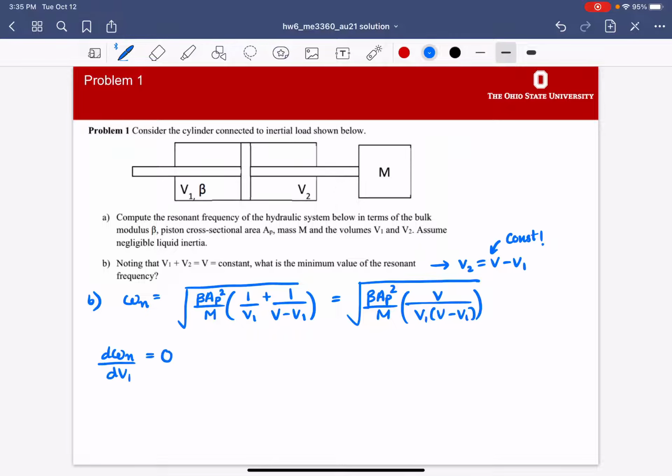We want to set this to 0. The expression that we would want to set to 0 would then be, if we differentiate the above expression with respect to V1, an expression that looks something like this. We are just using the chain rule and differentiating each of the terms one by one.